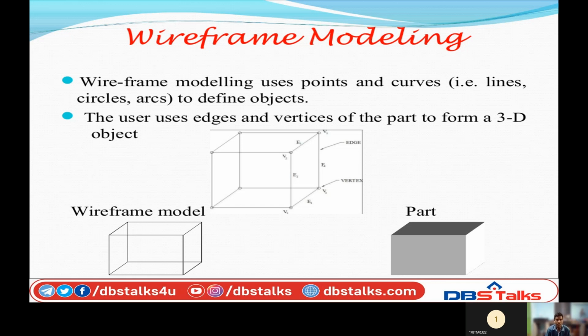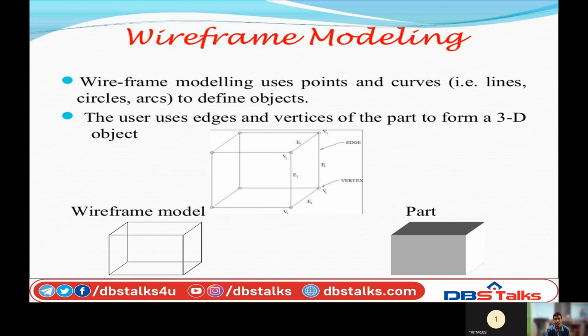Here, the downside of the wireframe model: it conveys the information with hidden lines. Only circles, lines, and points are represented in wireframe modeling. But the visualization is very difficult.